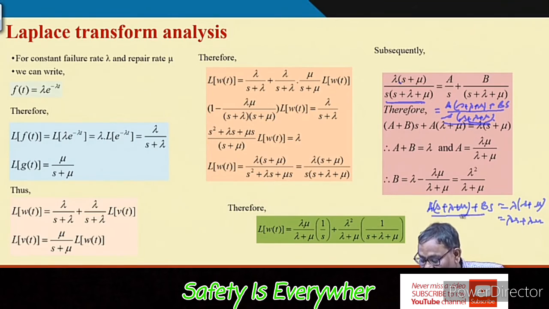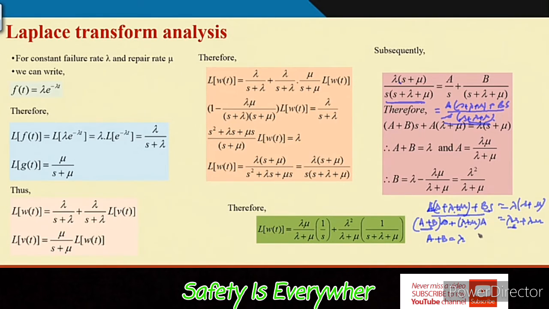Now on this side also, the S part you find out: this A plus B into S, A S and B S, plus lambda plus mu, the remaining portion. Now from this S and this S, we can find out that A plus B equals lambda, and also A into this.